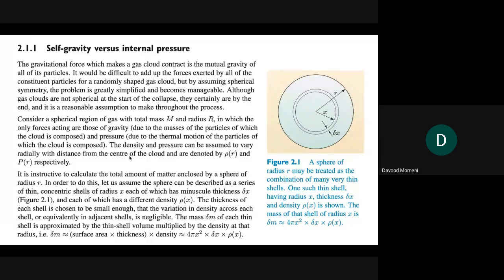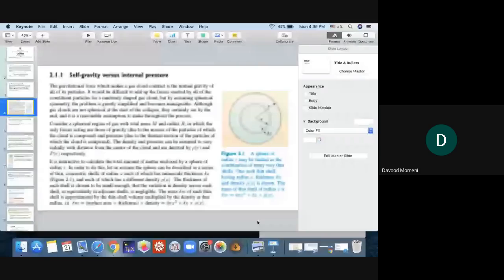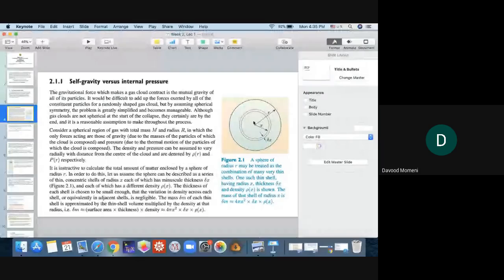So different tiny mass parts in your system, this part and this part, make gravity together. And because the density of the matter at the beginning is different in different parts of the system, this sphere is a very realistic model. Again, I want to tell you, it's not really spherical symmetry. We make life easier just by considering this type of symmetry. So different parts of the matter at different points in the sphere have a different gravitational mass.